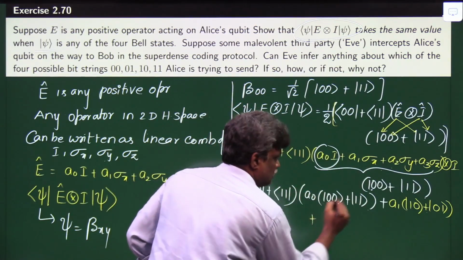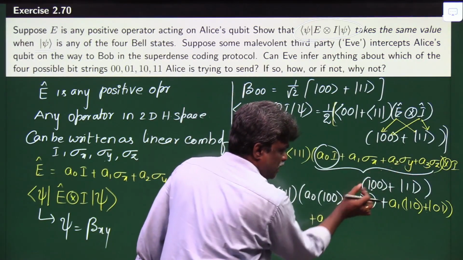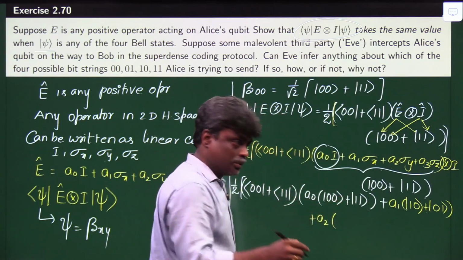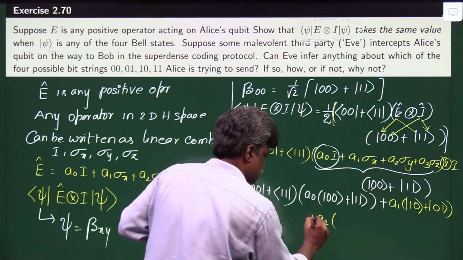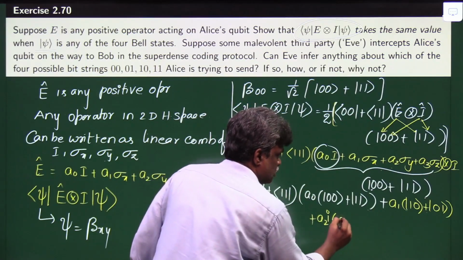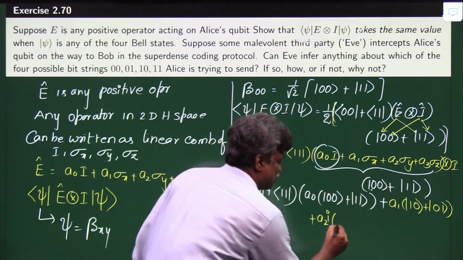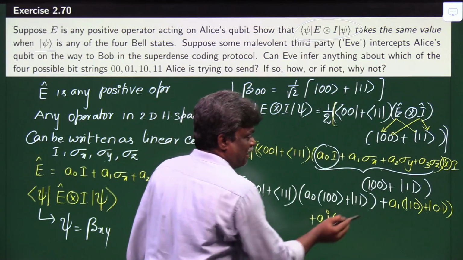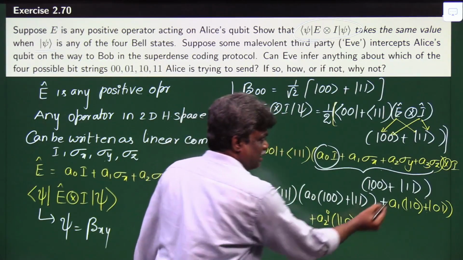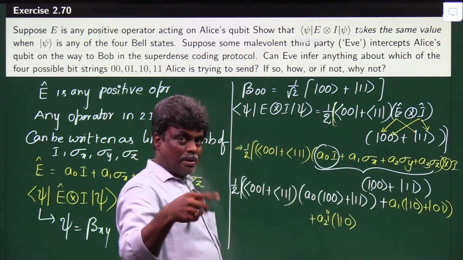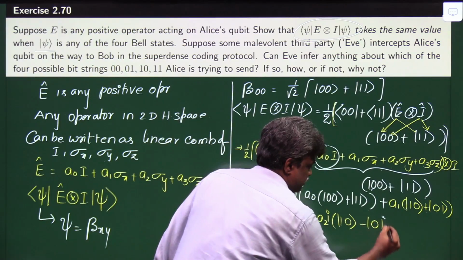Plus, and the next, A2: sigma y operates on 0, I can write this I outside. So sigma y operates on 0, this is i|1⟩, and I operates on 0, you'll get 0 only. Next, again sigma y operates on 1, you will get minus i|0⟩, and 1 as it is.